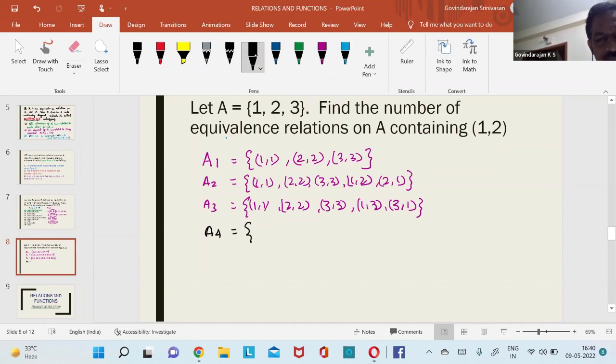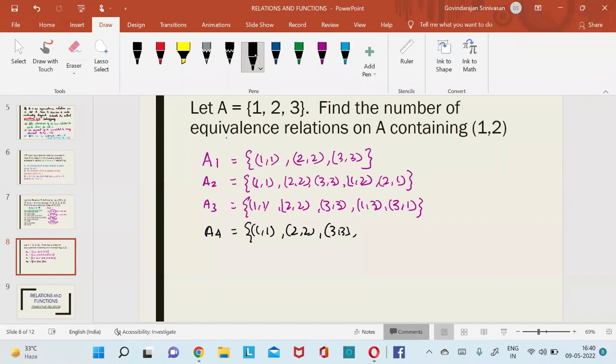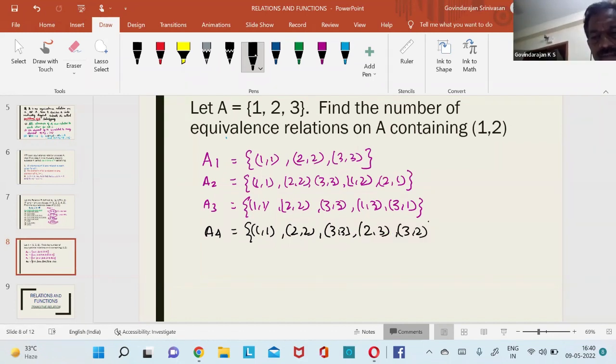A4: (1,1), (2,2) are compulsory, mandatory, because of reflexivity. (3,3) and (2,3), and (3,2).